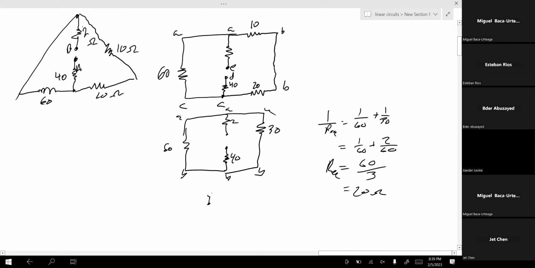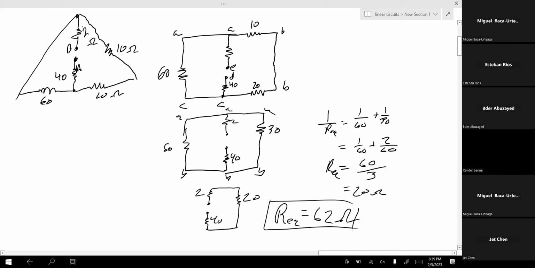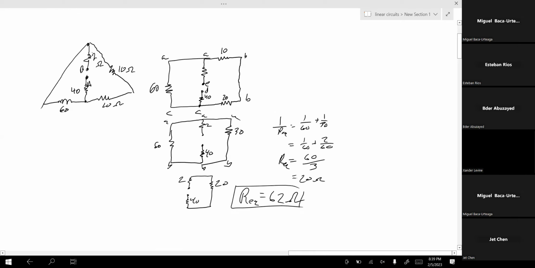So now I see we have a 20 ohm. So we have a 2, a 20, a 40. So I'm seeing the equivalent resistance is just going to be 62 ohms there. That's what I'm getting for my answer. Is that what you got, or do you have an answer for it? Yeah, that's what I have. That's what you got? Okay, awesome.